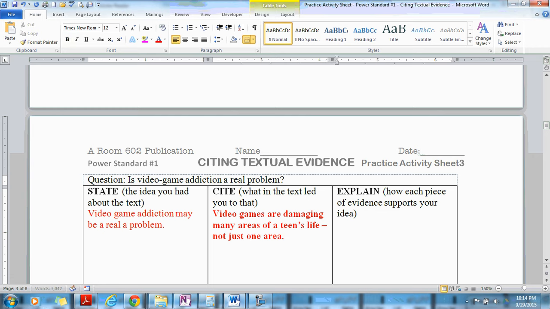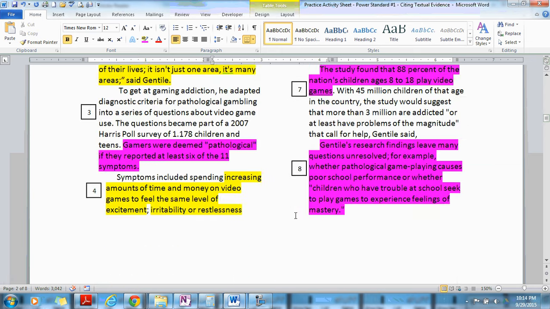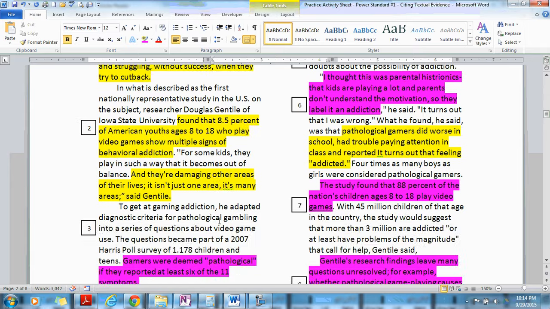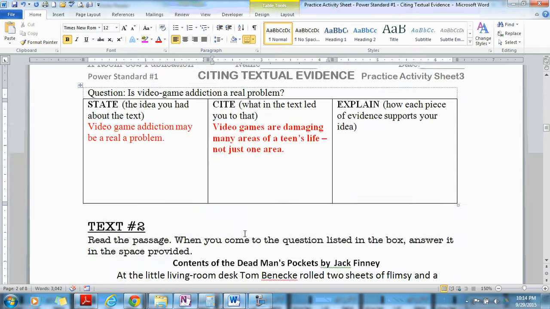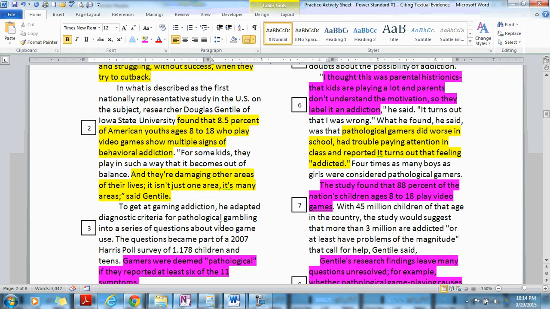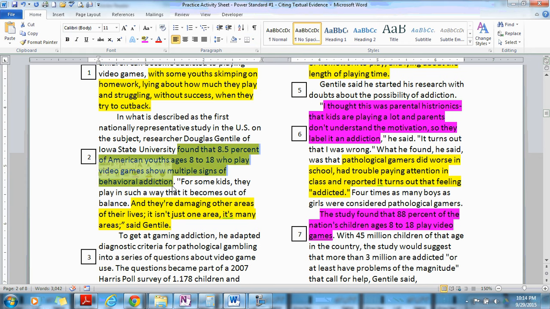Then I want to explain how this piece of evidence supports my idea. Now, typically, when you're citing textual evidence, here's a footnote. You always want to give two pieces of textual evidence. And then you may want to go back and read some and maybe change it.